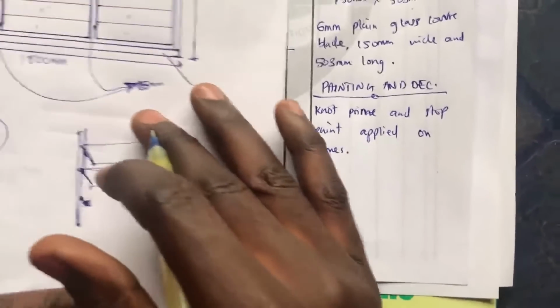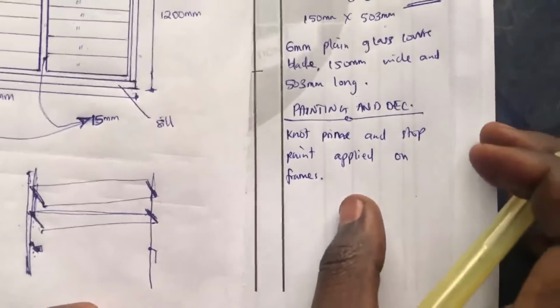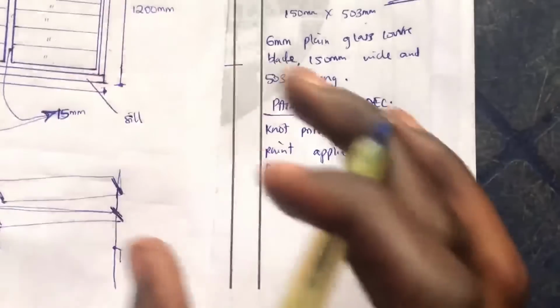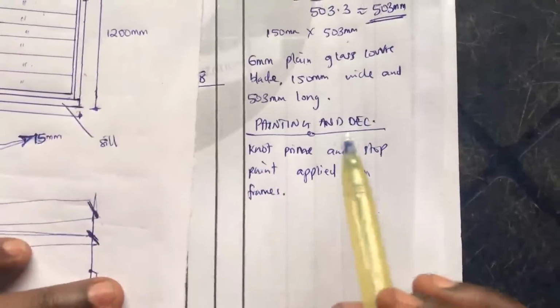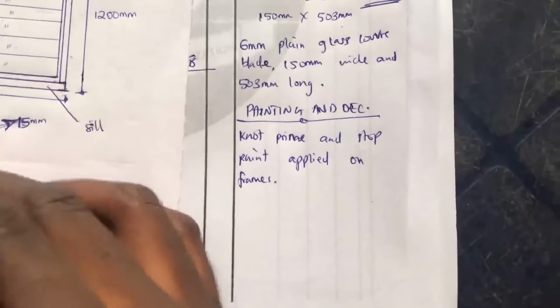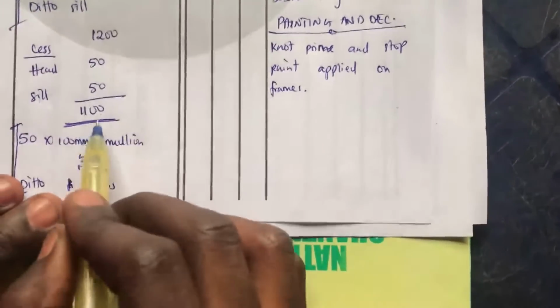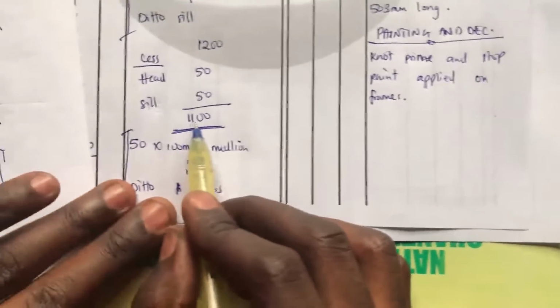So the best thing to do when you have written your description is to simply book all your work in linear meters. Remember, we are going to be applying this paint to the mullion, and we are going to be applying it to the jamb, and the length we have for our mullion from our initial calculation was 1100.